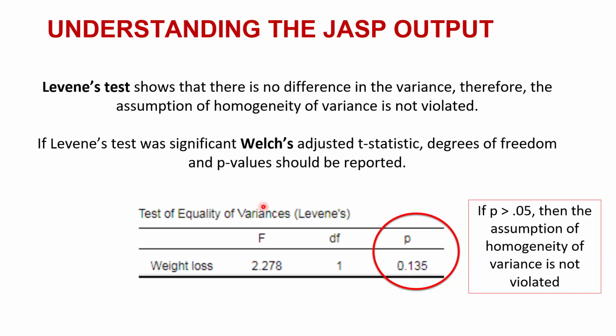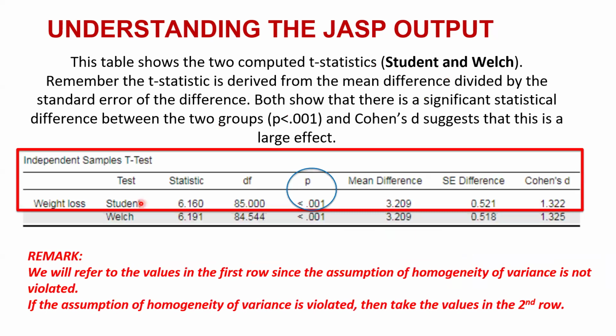However, if the Levene's test was significant, meaning the p-value is less than 0.05, the Welch adjusted t-statistic, degrees of freedom, and p-value should be reported, which is found in this next slide here. So remember, in our independent samples t-test table, we have two rows.